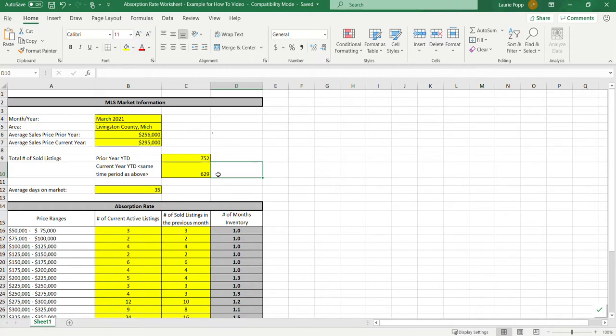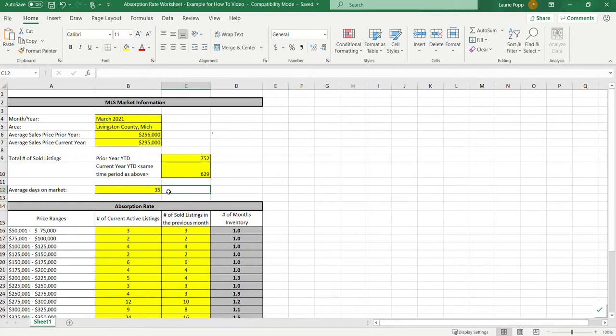What does this help you show to your client? Low inventory. We don't have a lot of listings out there that are going under contract, but our prices are increasing. So already just those 2 figures alone would tell your client it's definitely a seller's market. And we're having a quick average days on market, 35 from the time it goes on the market to the time we're closing it.